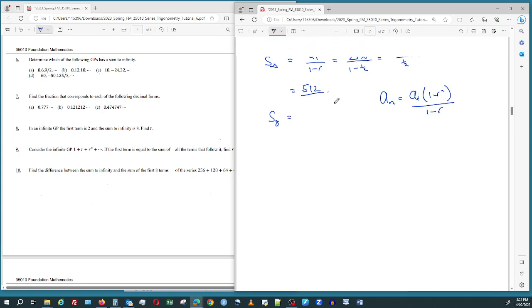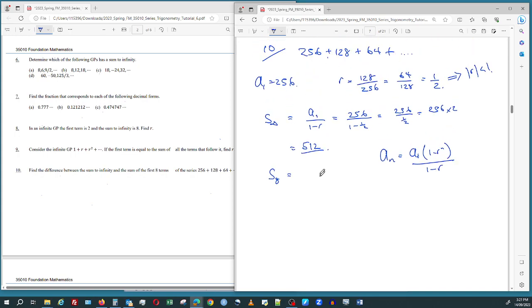Okay. So for us, for 8, we've got 256 bracket 1 minus now a half to the power 8 divided by 1 minus a half. So we get 256, 1 minus, what do we say? 1 to the power 8 is 1, and 2 to the power 8.